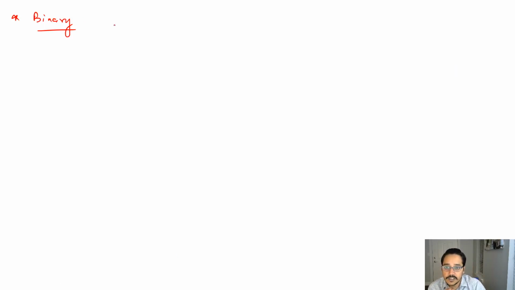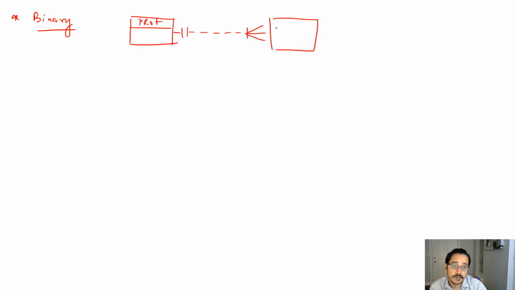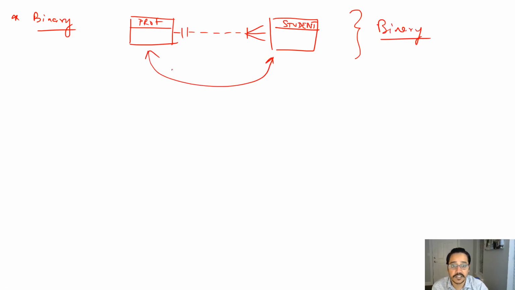So a binary relationship is again a relationship between two different entities. So that means if a professor advises a student, then this is basically a binary degree. Okay, bi meaning two, so if a relationship is between two entities, then that kind of relationship is binary.